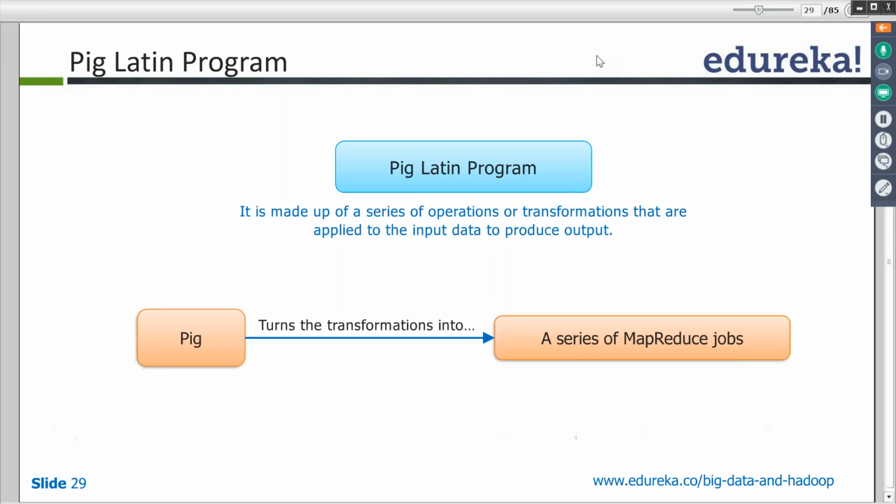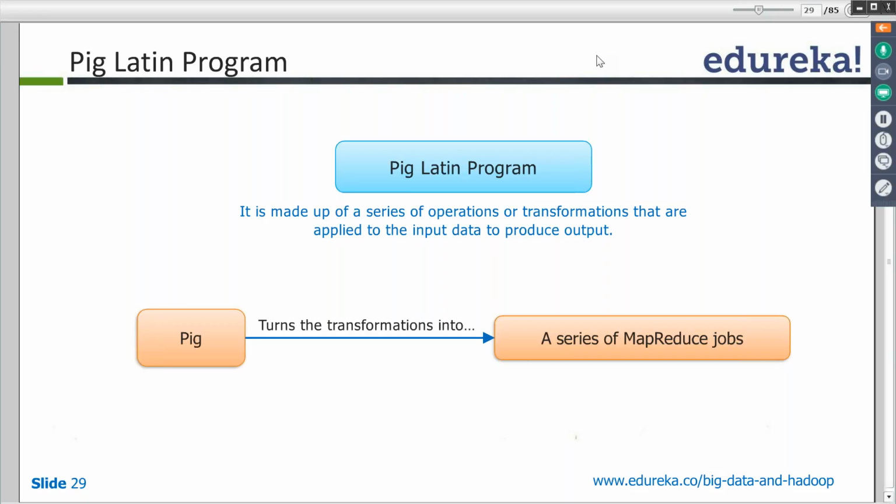I have also seen a very complicated Pig program, which when executed triggers around 20 MapReduces. So Pig is very intelligent. It will find the most optimized way to run your code, and it will try to spawn more MapReduces so that your entire logic could be processed.